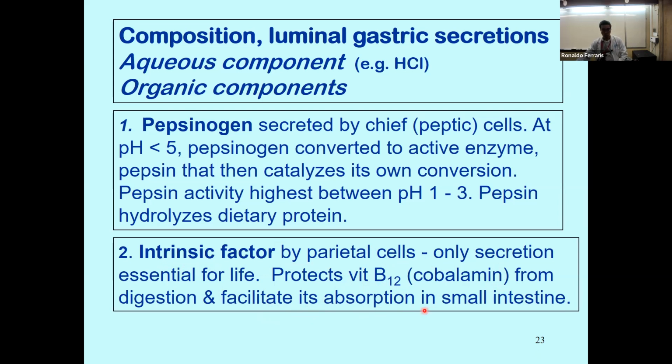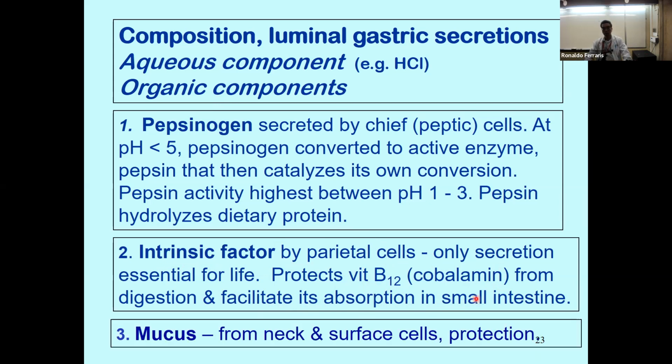But for those who undergo bariatric surgery or have stomach cancer and removal of the stomach, you need to be supplemented with cobalamin. Then the mucus is, of course, a very important organic component of gastric secretions.